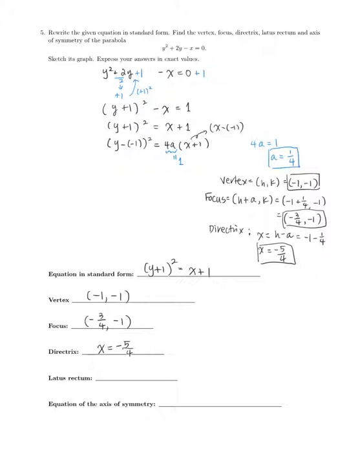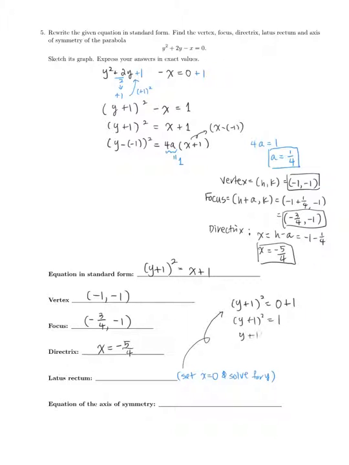Now let's do the latus rectum. How do you find the latus rectum? You're going to set x equals 0 and solve for y. So when x equals 0, we have y plus 1 squared equals 0 plus 1, so y plus 1 squared equals 1.